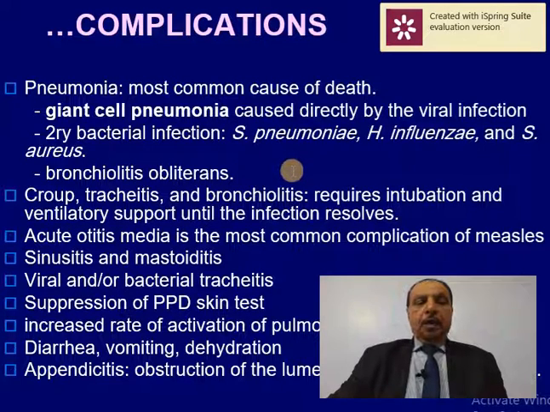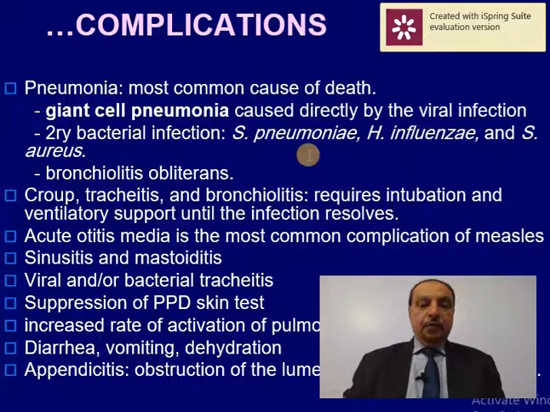Again, acute otitis media is the most common complication of measles. Sinusitis, mastoiditis. As you will see, there will be direct spread from the throat or mucous membranes to the surrounding, like otitis media, sinusitis, croup, and all these things, then it will descend to pneumonia and so on.